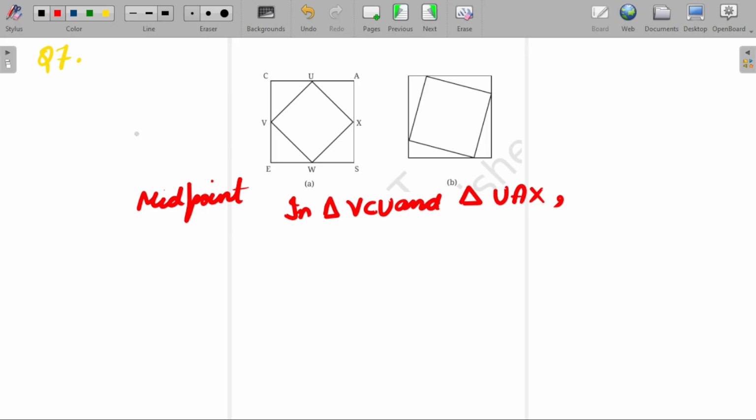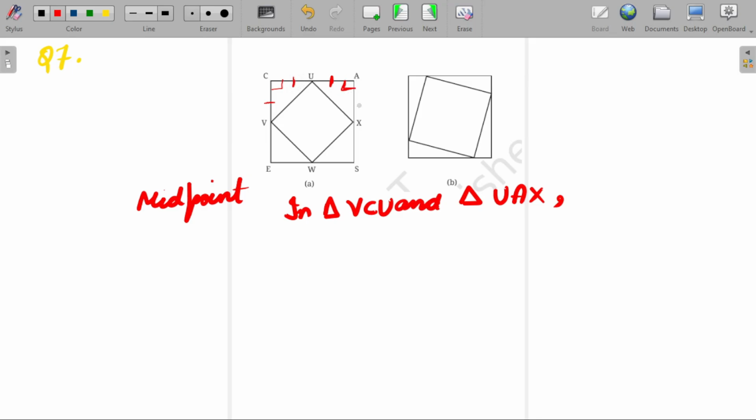Here, VC is equal to UA, and angle VCU equals angle UAX because they are 90 degrees.